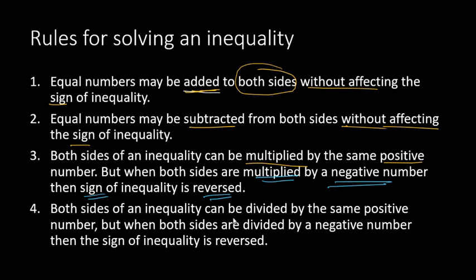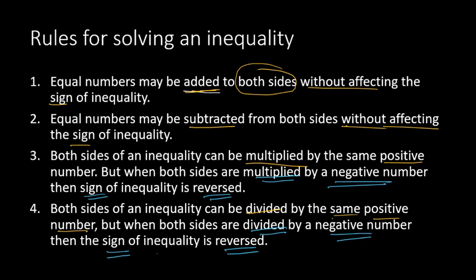Similarly, both sides can be divided by the same positive number without change in the inequality sign. But when it is divided by a negative number, the sign of inequality is reversed. So these two are very important. Right, based on this, let us work out some problems.